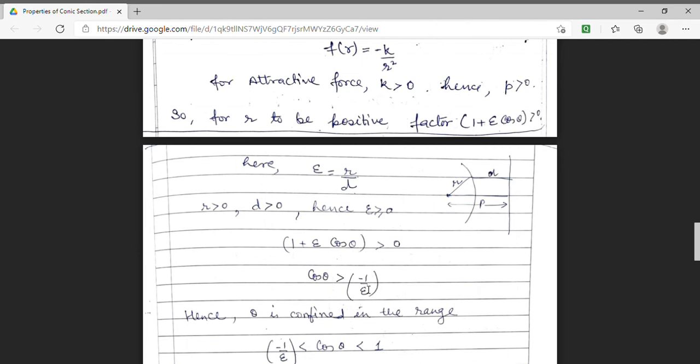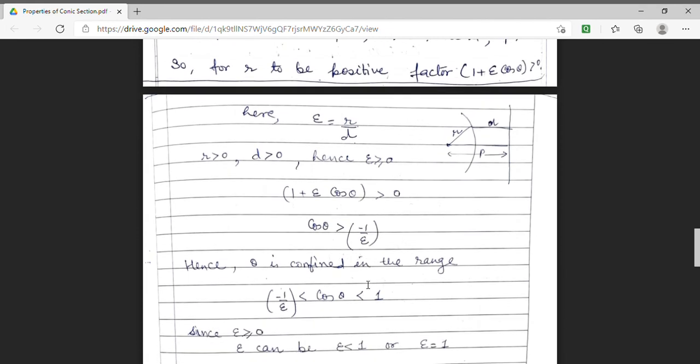And we know that cos theta can have a value in the range minus 1 to plus 1. So, from this attractive force condition, the lower limit of cos theta is minus 1 upon epsilon and the upper limit, as we are well familiar, is 1.